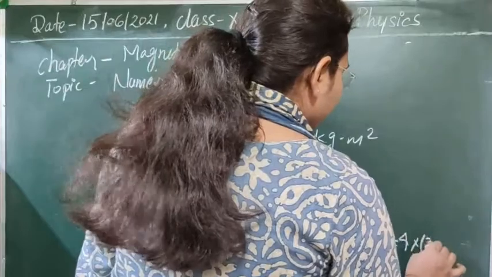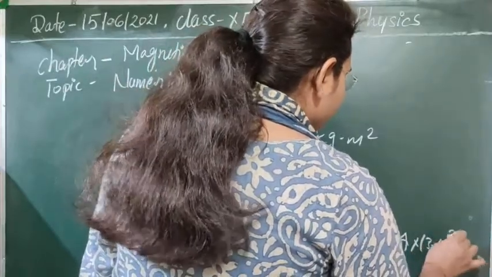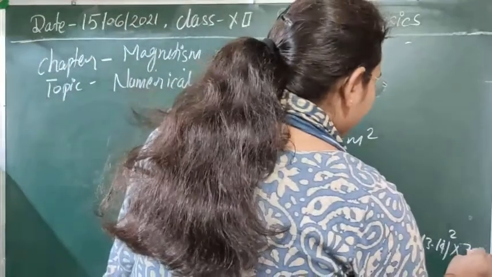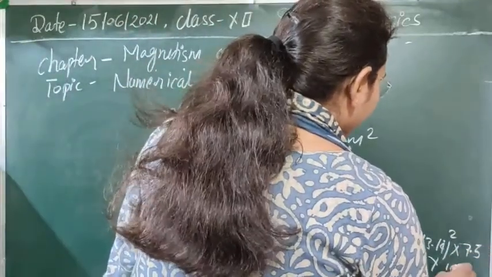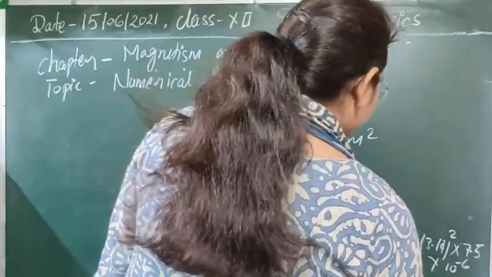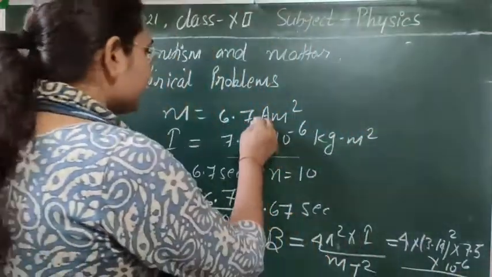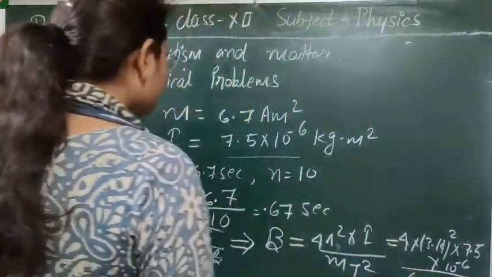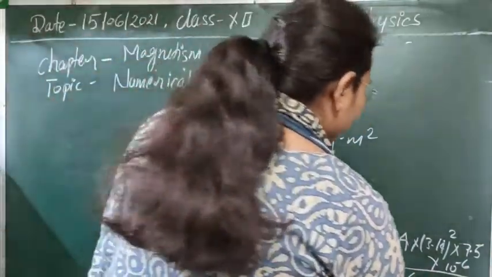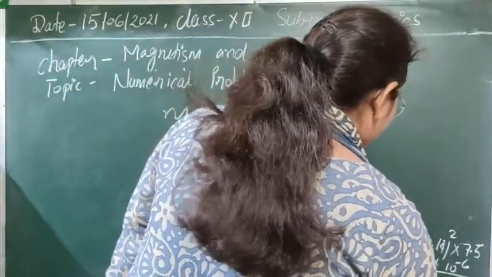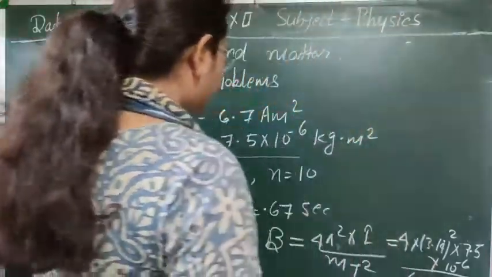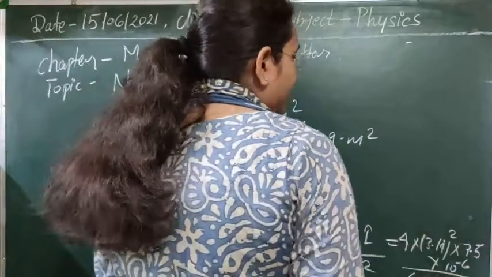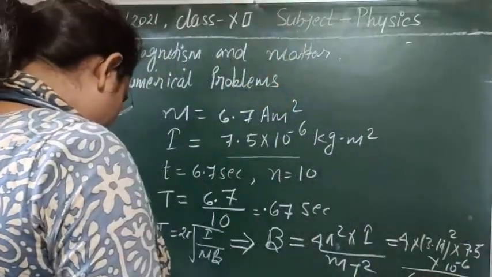This is 4 times 3.14 whole square, I is 7.5 into 10⁻⁶, upon m which is 6.7, and T which is 0.67 whole square. By using this formula and these values, we can calculate the magnetic field.